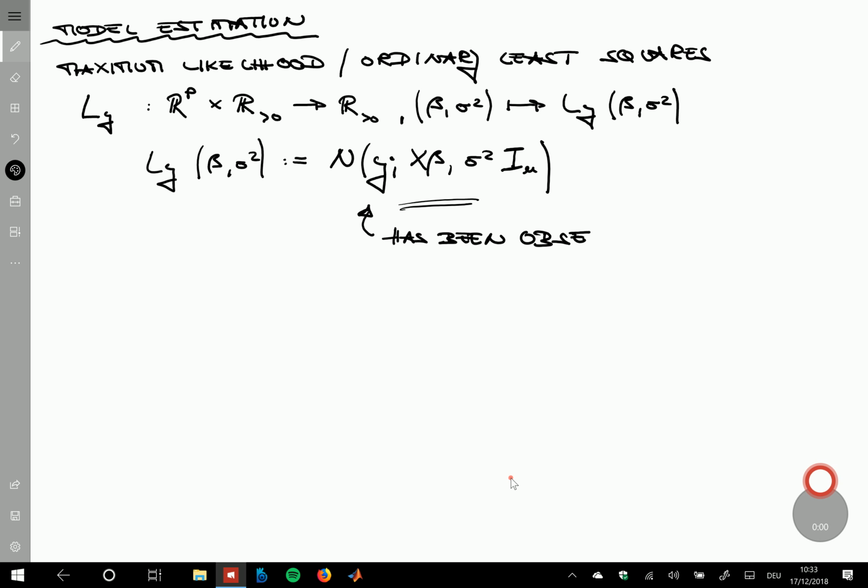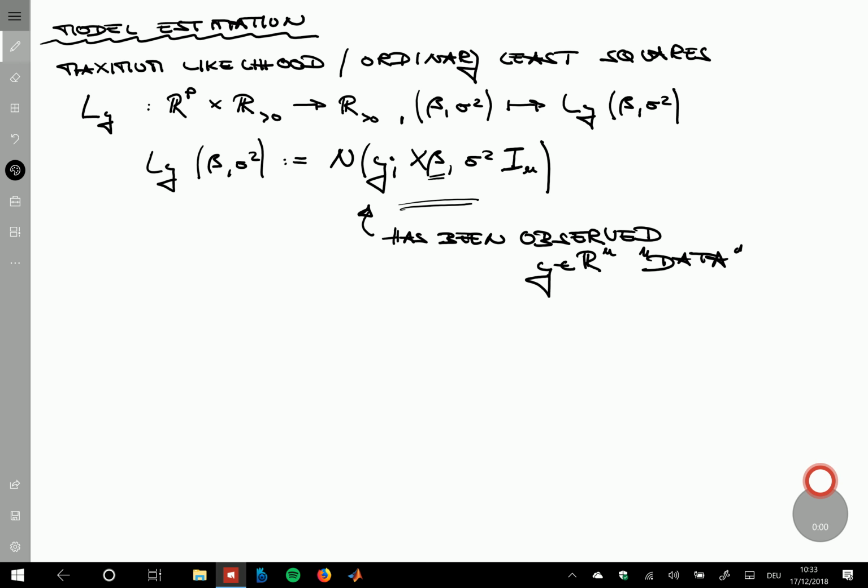We assume that there's a vector y that has been observed. So this is now the data. This is our time series from a single voxel. That's data. And now we're trying to find settings for this parameter beta and for this parameter sigma square that maximize, and hence maximum likelihood, this likelihood function.